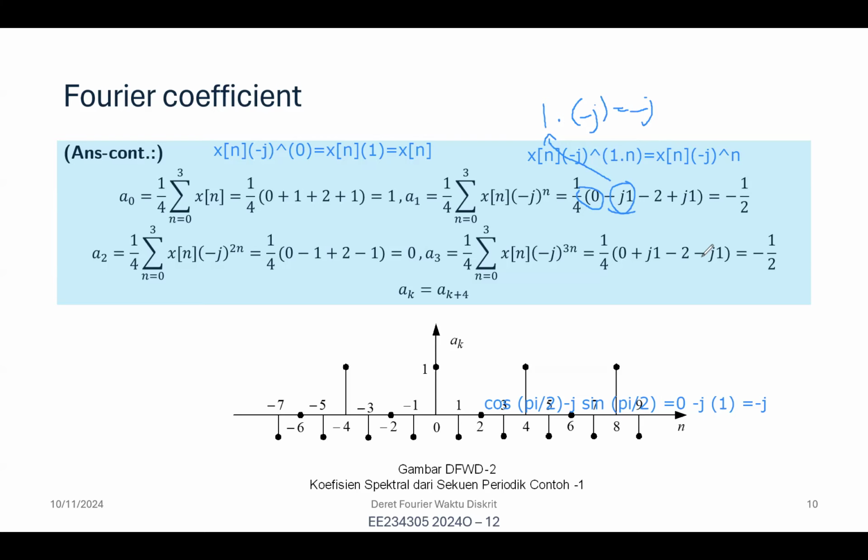So for n equals 2 here, we get minus j to the power of 2. If you're familiar with the imaginary number, j is the square root of minus 1, so j squared would be minus 1.